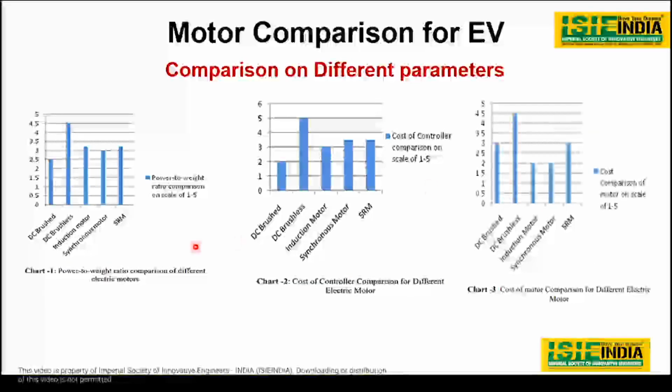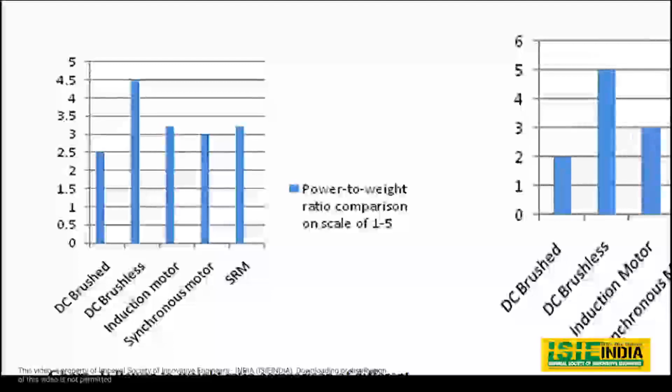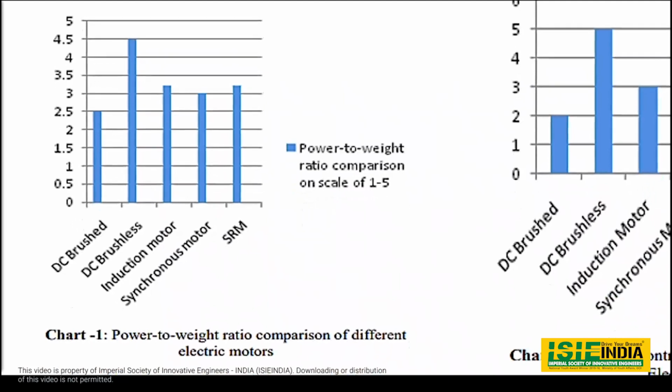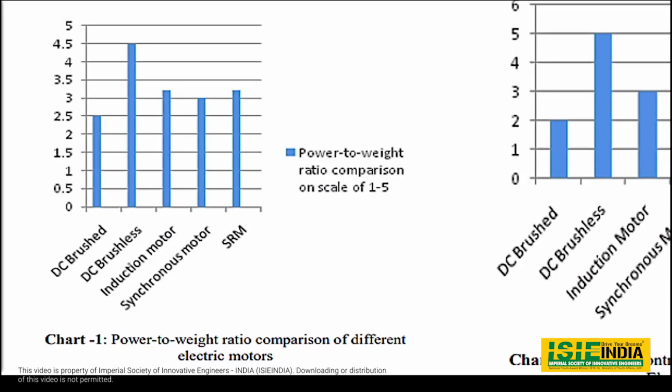This is one thing. Now I am going to zoom this thing right now. Yeah, I hope it is visible to everyone. So the power to weight ratio comparison scale of 1 to 5, right? So what I am seeing is this is just for the electric motors. Traction motors are different, right? So now which one scored highest here?